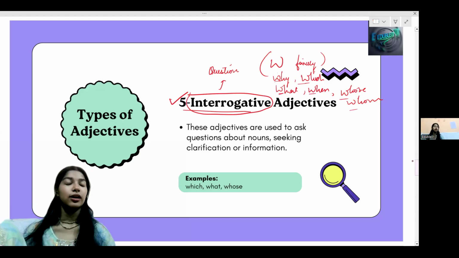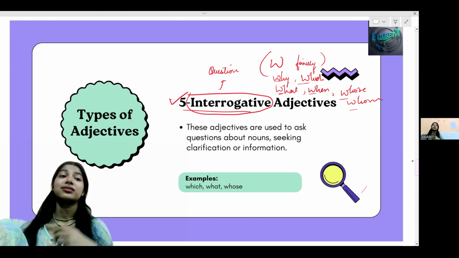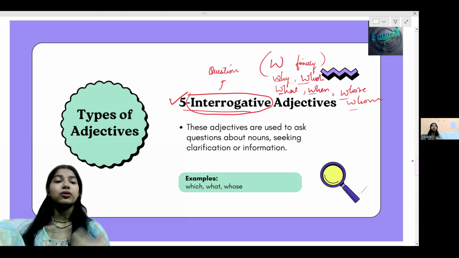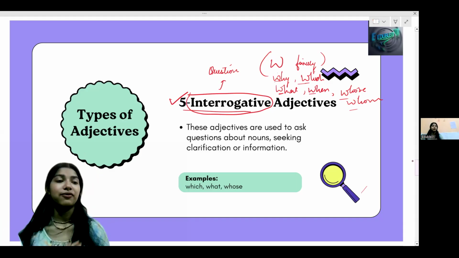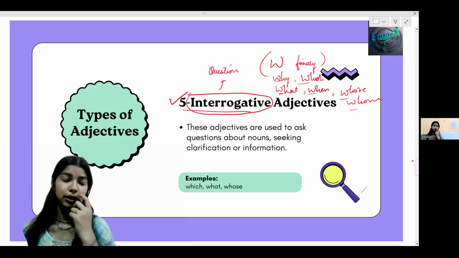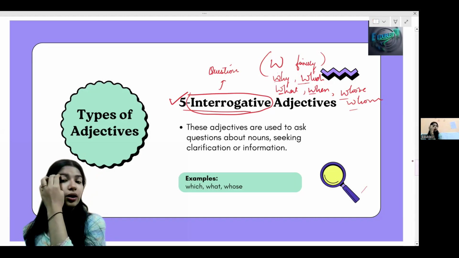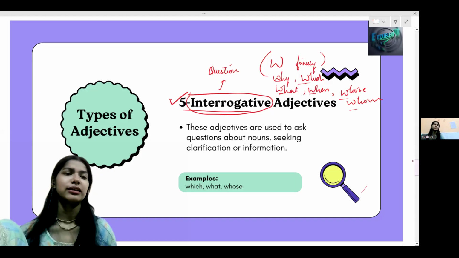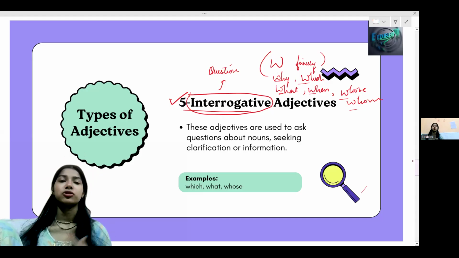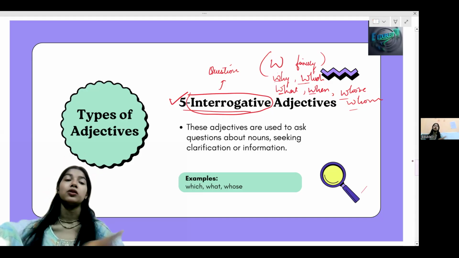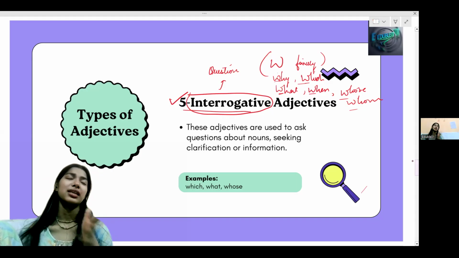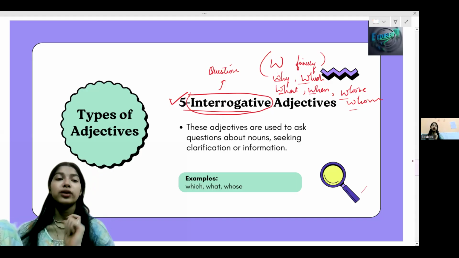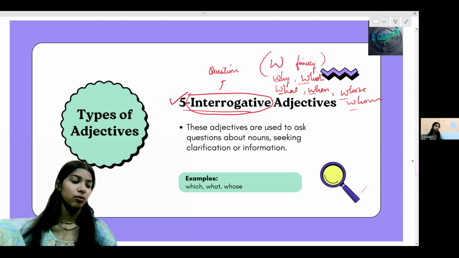So any word that is asking a question, seeking a noun or clarification or information about the noun, these are the words called interrogative adjectives. These are really very easy. You can spot them very easily because they belong to the W family, like which, what.